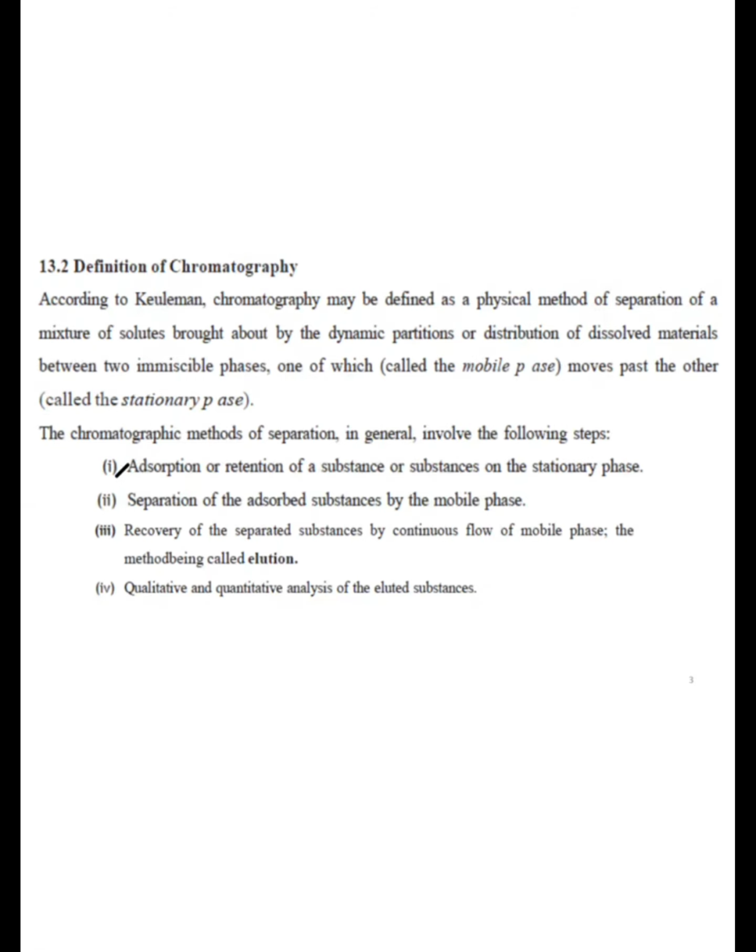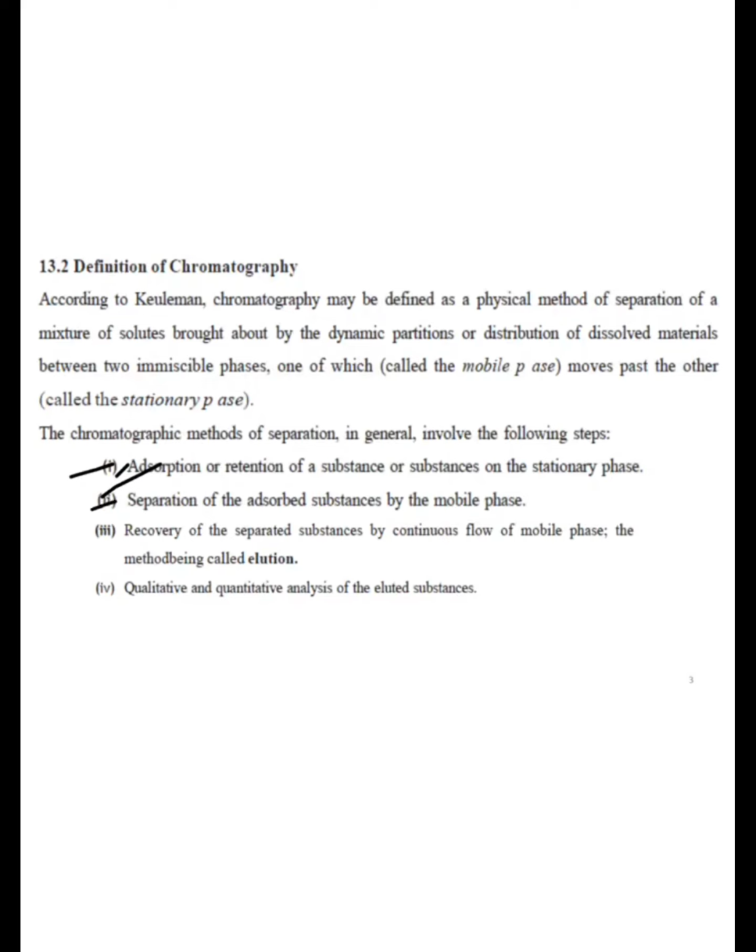The mixture that you inject into the column is adsorbed by the stationary phase. The stationary phase is nothing but the adsorbent. We use different adsorbents such as silica gel and alumina. And the mobile phase is nothing but the solution. We use polar and non-polar solutions to elute the given sample and separate the mixture.